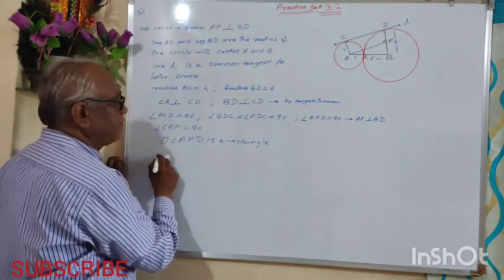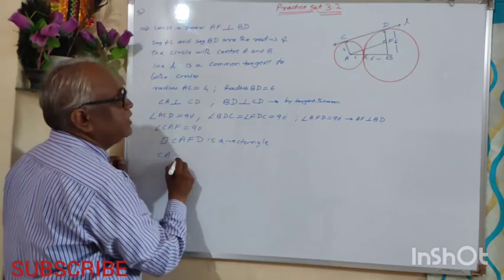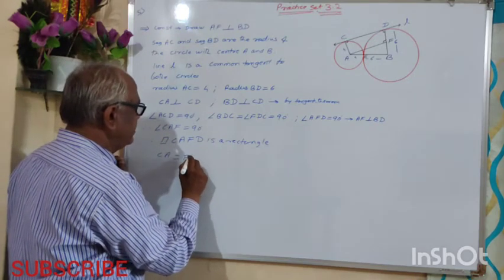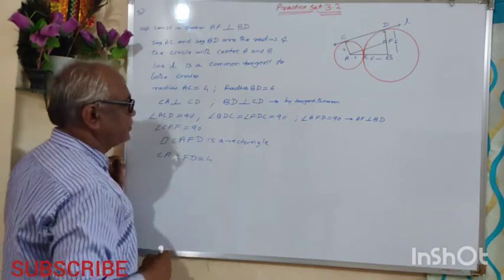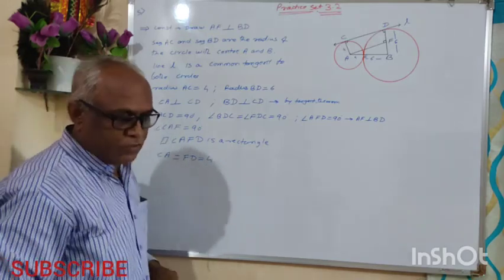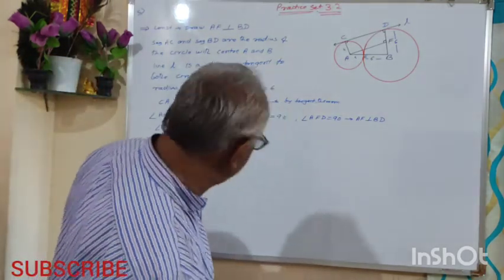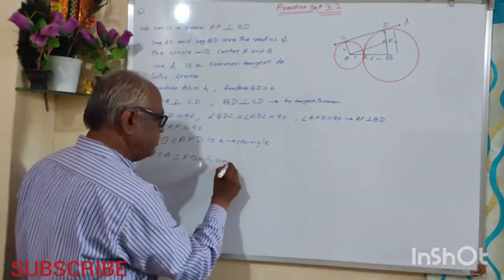Therefore, CA is equal to FD, which is equal to 4 centimeter. Unit is given 4 centimeter.